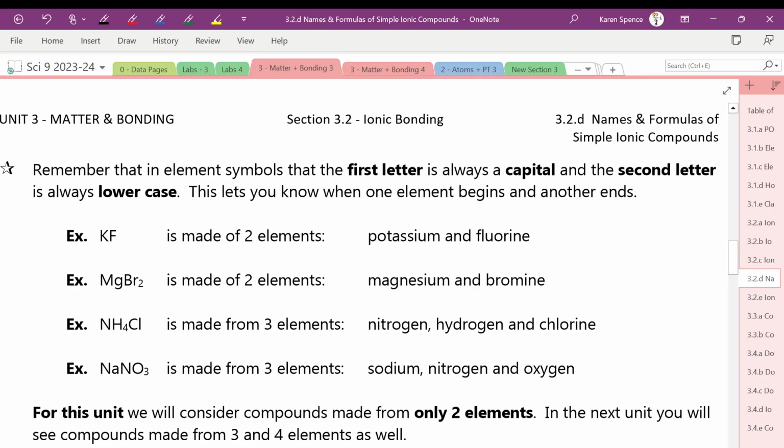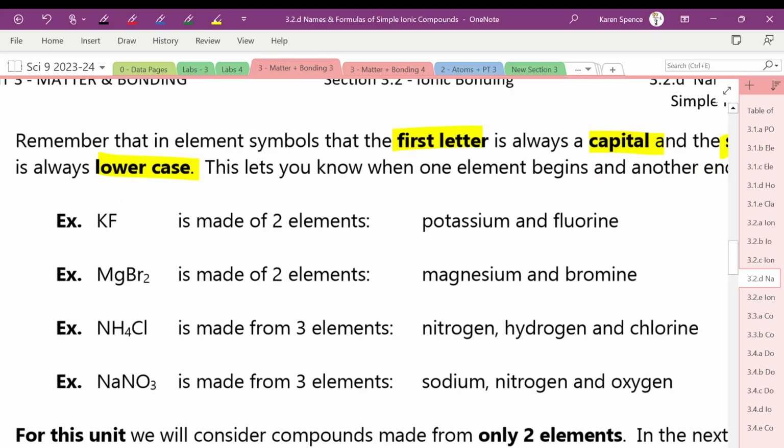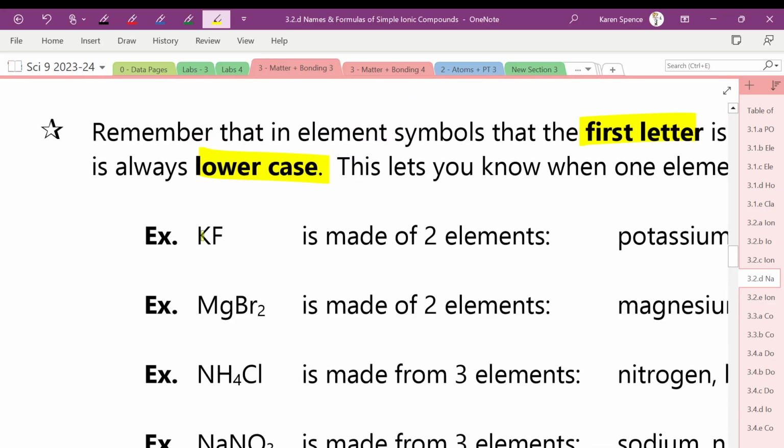So now I want you to remember always that in an element symbol, the first letter is always a capital. The second letter is always lowercase. So KF, how many elements? 2, one capital, 2 capitals.